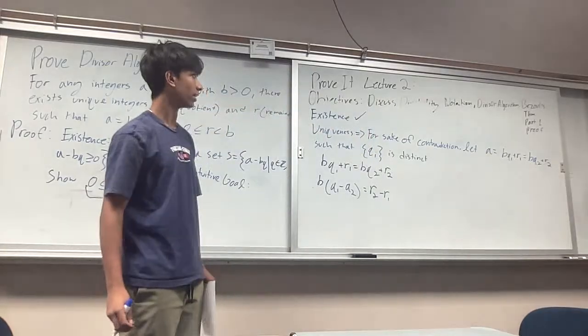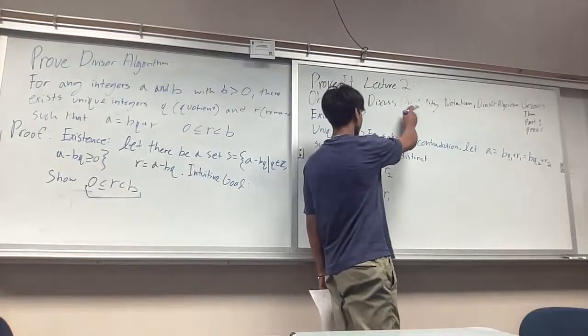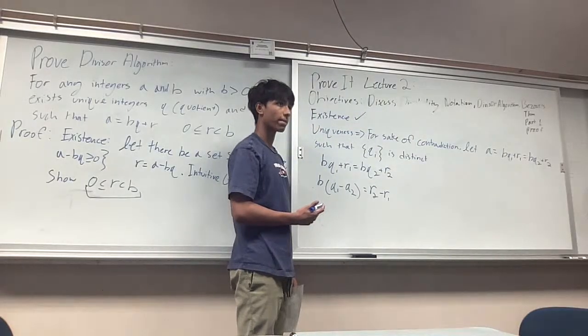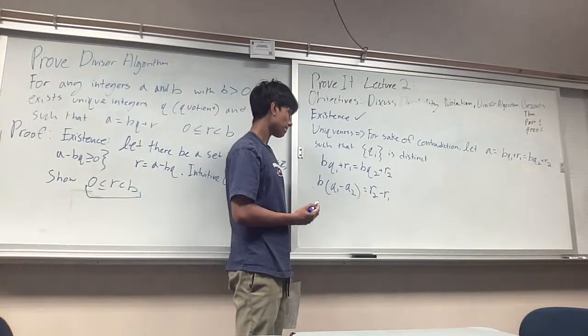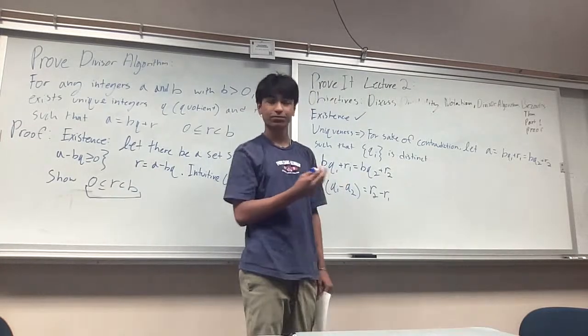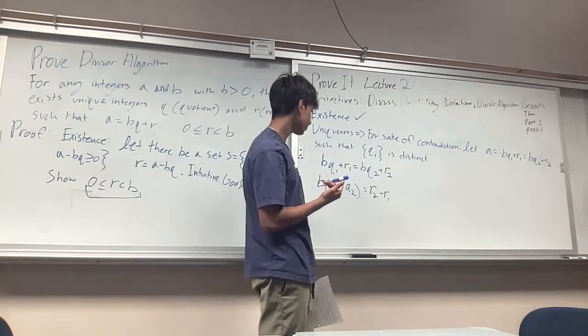Okay. Let's go back to our definition of divisibility. It's kind of blurred out here. But what do we know now? That B times (Q1 minus Q2) equals R2 minus R1.